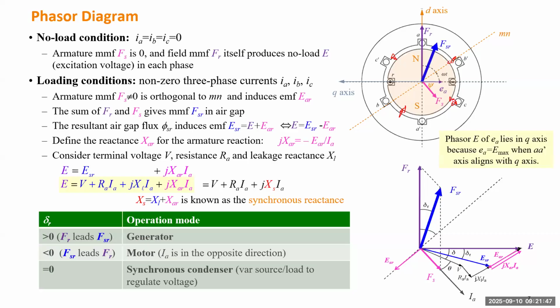So the voltage is not induced directly by the magnetomotive force. It's induced by magnetic flux. So you have to let this magnetomotive force generate flux, which is this. And the flux multiplied by the number of turns will give you the flux linkage connected with the stator winding.